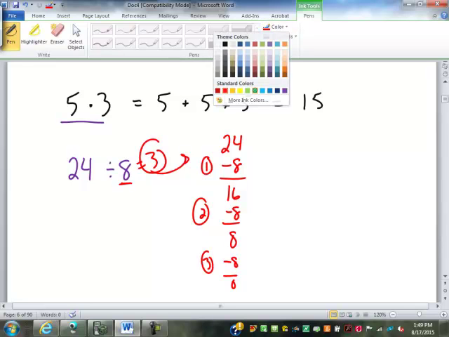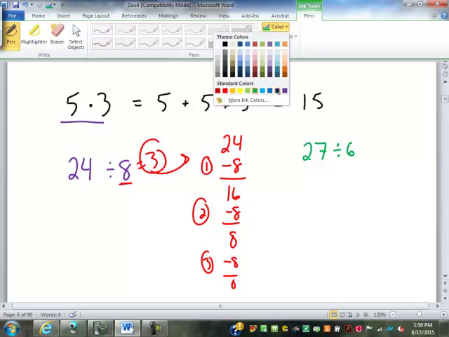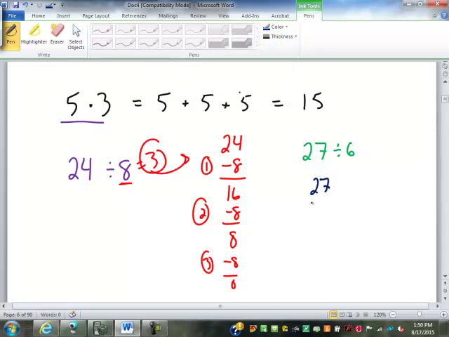And even when we have remainders, it's the same process. Let's say we have, oh, what do I want to do here? 27 divided by 6. 27 minus 6 is 21, that's once. Minus another 6 is 15, that's twice.